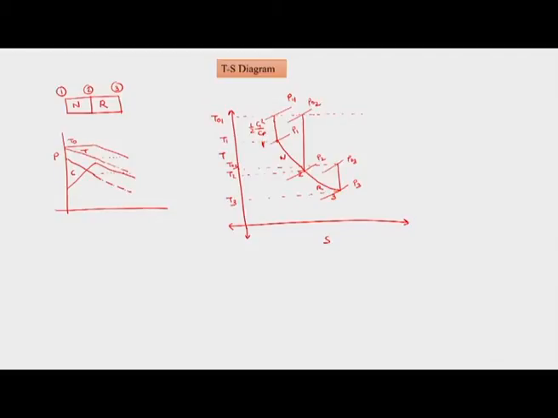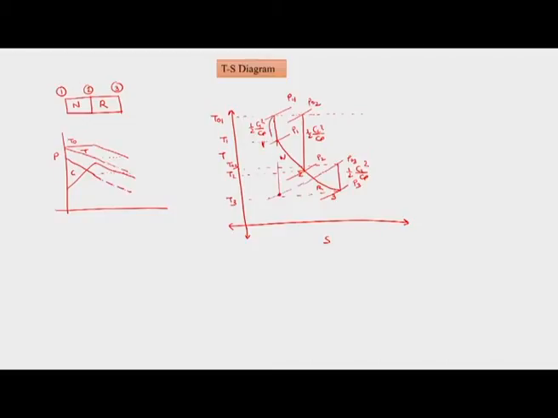This is half C2 square upon Cp, and this is half C3 square upon Cp. If we had gone isentropically, we would have reached the same P03 from P01.